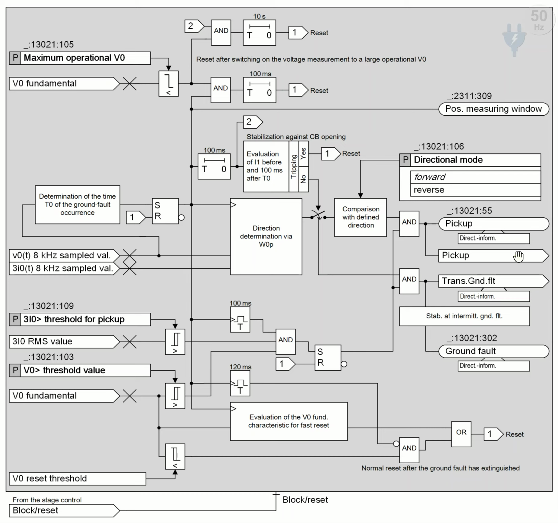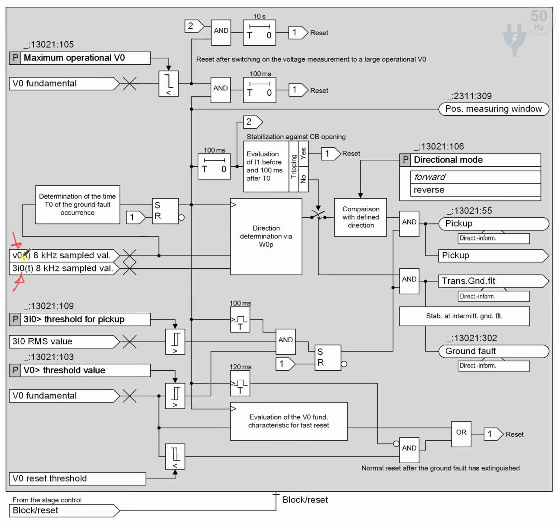We discussed what the relay does when there is no transient ground fault and what data the relay receives from the instrument transformers. We learned that the relay continuously takes the values of instantaneous zero sequence voltage and instantaneous zero sequence current from the instrument transformers by the calculation or measuring method.